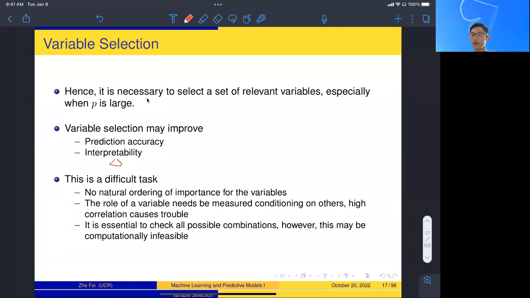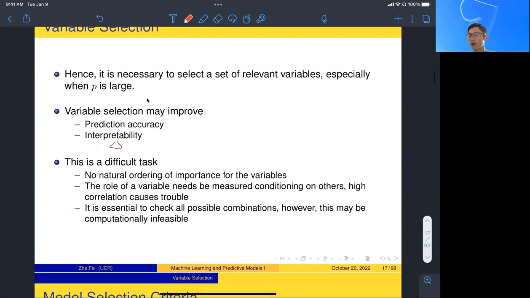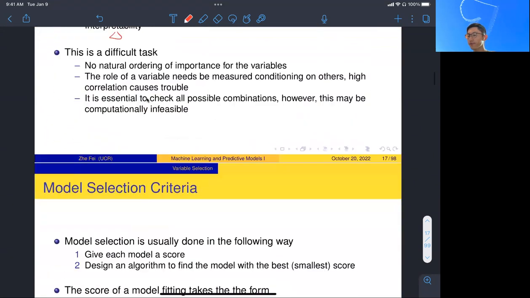After variable selection, if you got a final model of only 10 predictors, then it may be easier for you to interpret those effects. So there are some difficulties that are quite straightforward, and we will try to encounter those difficulties in the following as well.